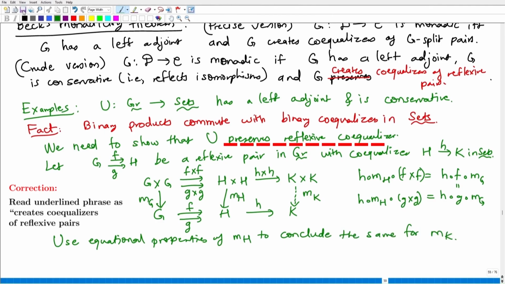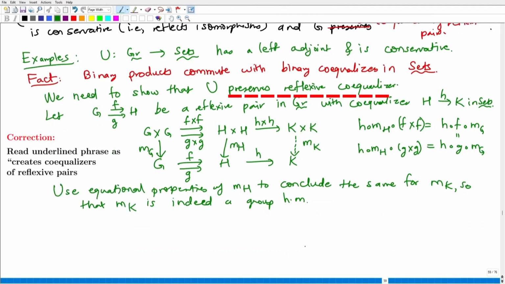Okay, so therefore MK is indeed a group homomorphism, and this is the way we have concluded the verification that U creates co-equalizers of reflexive pairs. Understood?